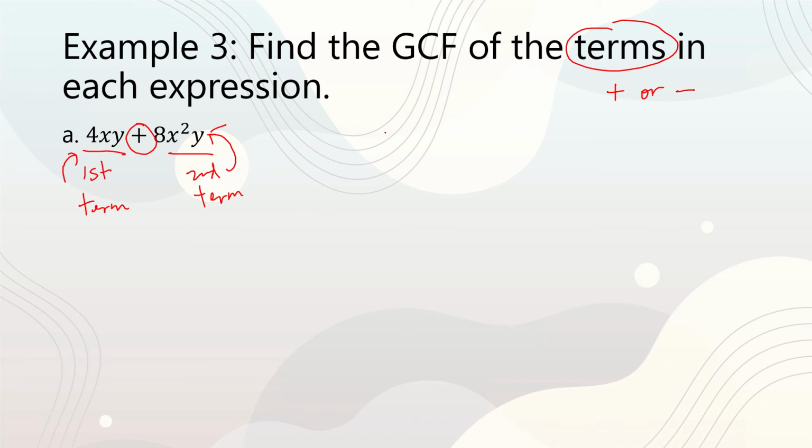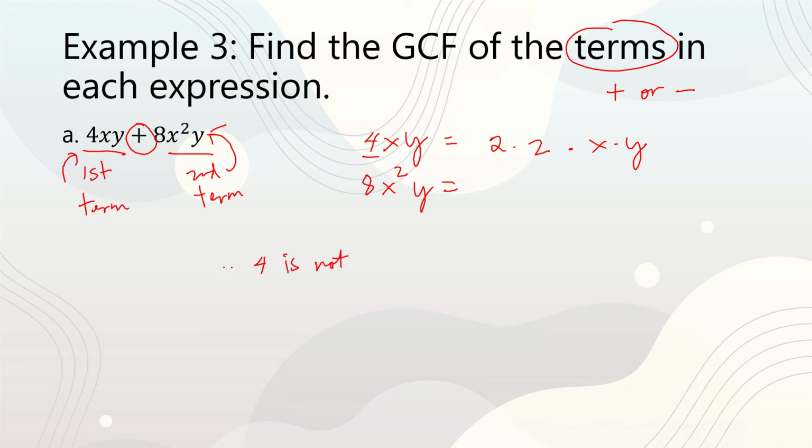Similar to what we did a while ago, for the first term, you get its factors. For the numerical coefficient 4, that's 2 times 2, then times x times y. While for 8x squared y, we can think of 4 times 2, but the problem is 4 is not prime.